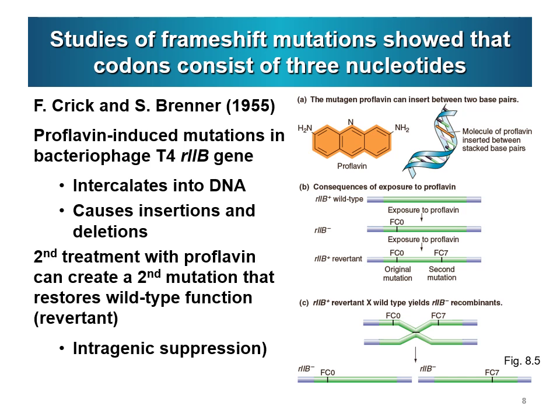This is how the experiment went. First they treated the DNA with proflavin and introduced one mutation, and then they treated the DNA again with proflavin a second time and got the second mutation.